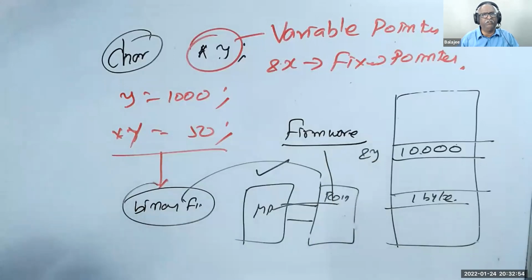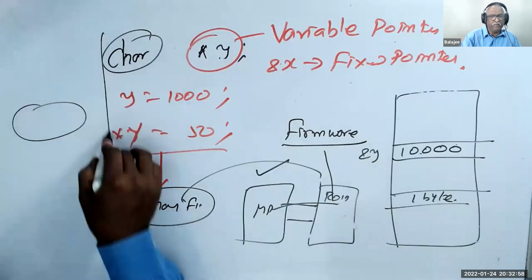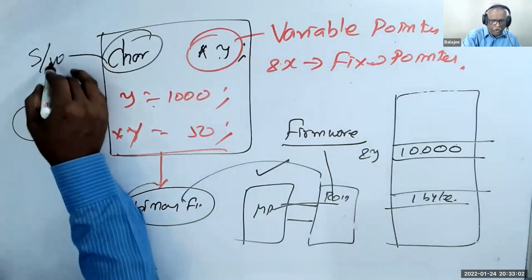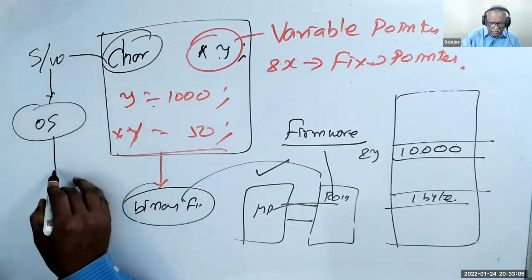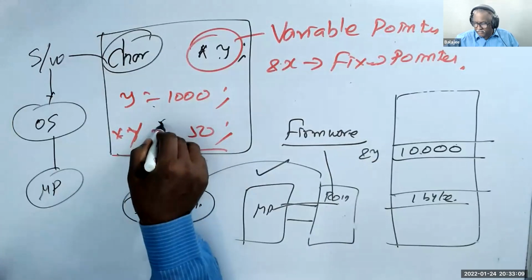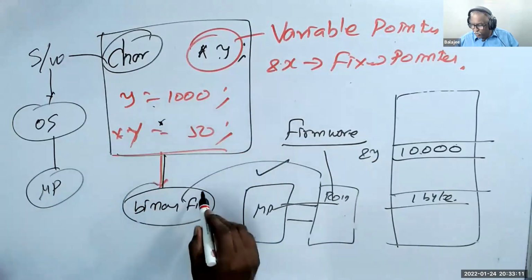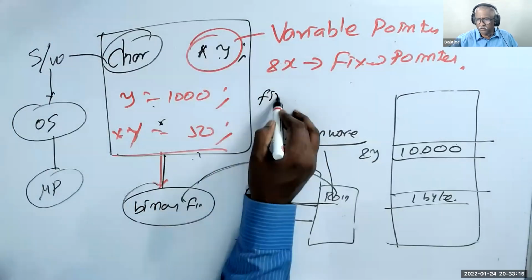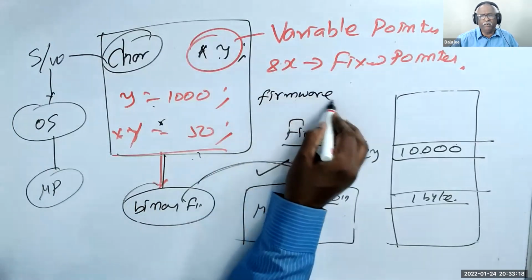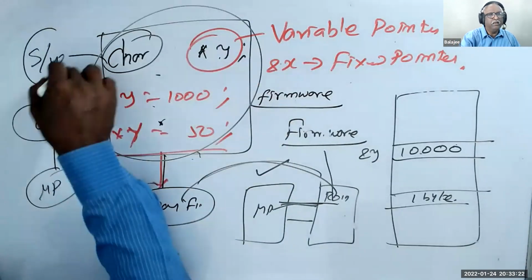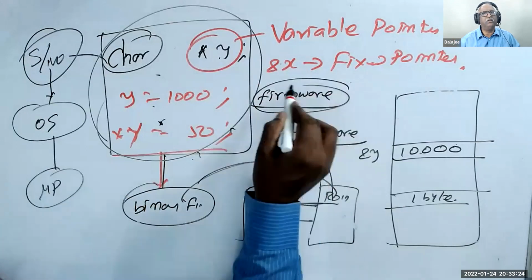Please understand the difference between firmware and software. You write a program; the same program is called software when you run it on an OS and the microprocessor. The same program, when you give it directly to the microprocessor, is called firmware.